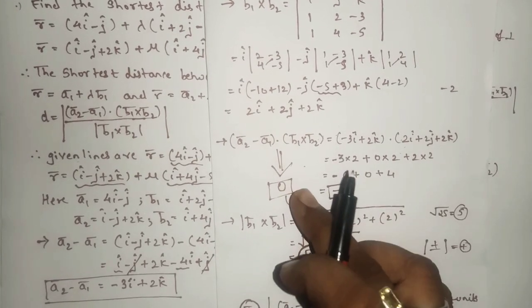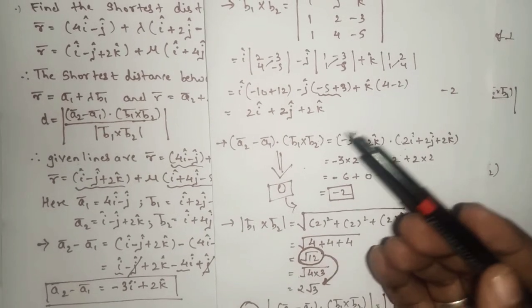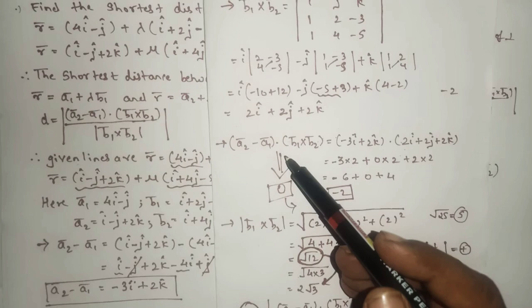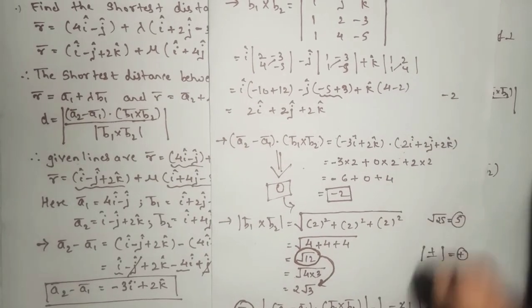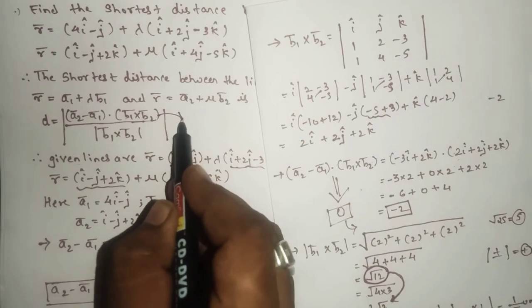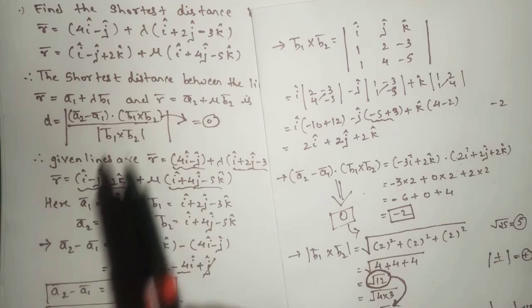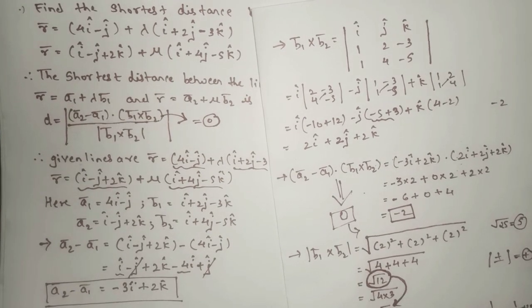This is the concept I explained in the previous video. Whenever you have to check whether the given two vectors are intersecting or not, you have to check the numerator section. If the numerator is equal to 0, we can directly say that the given two lines are intersecting.